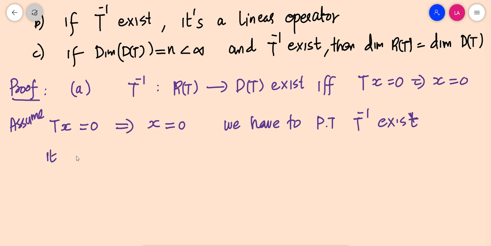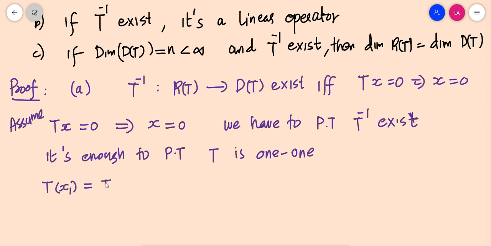So it is enough to prove that T is one-one, and then T inverse exists. In order to prove that T is one-one, suppose T(x1) is equal to T(x2).